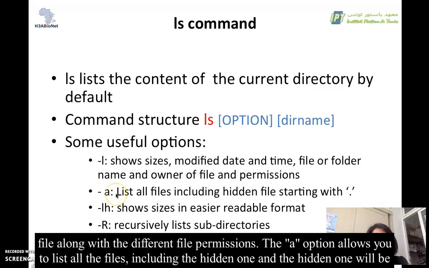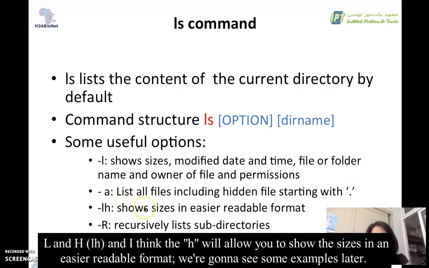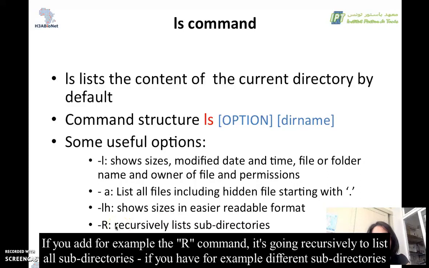The A option allows you to list all the files, including the hidden ones, and the hidden ones will be marked by a dot at the very beginning. You can also combine different kinds of options. Here, for example, we are combining the L and H, and adding the H will allow you to show the sizes in an easier readable format. We're gonna see some examples later. If you add, for example, the R option, it's going to recursively list all the subdirectories.